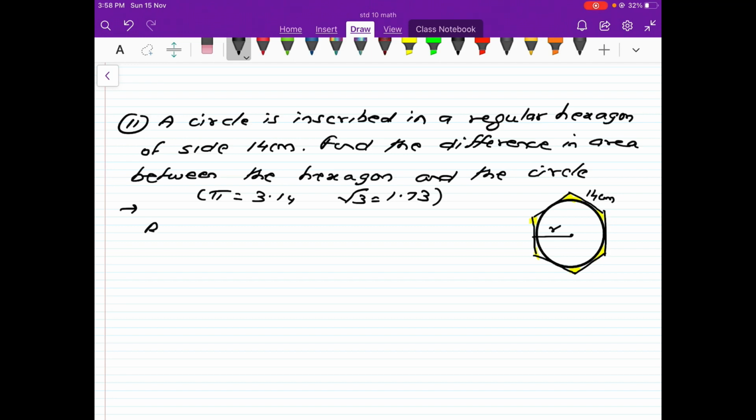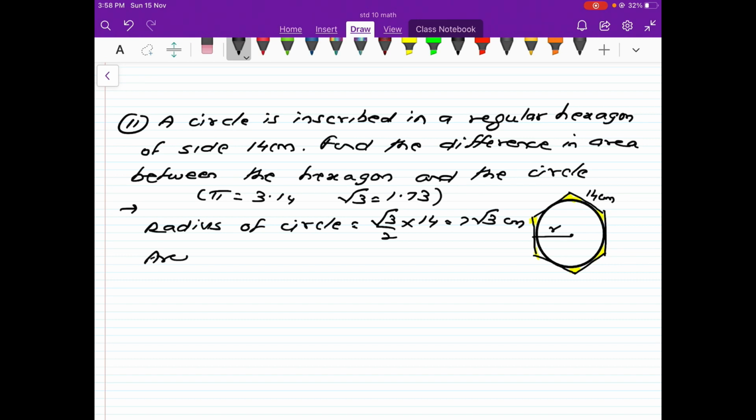We have studied that the radius of a circle inscribed in a regular hexagon is root 3 upon 2 times the side of the hexagon. The side of the regular hexagon is given to us as 14 centimeter.